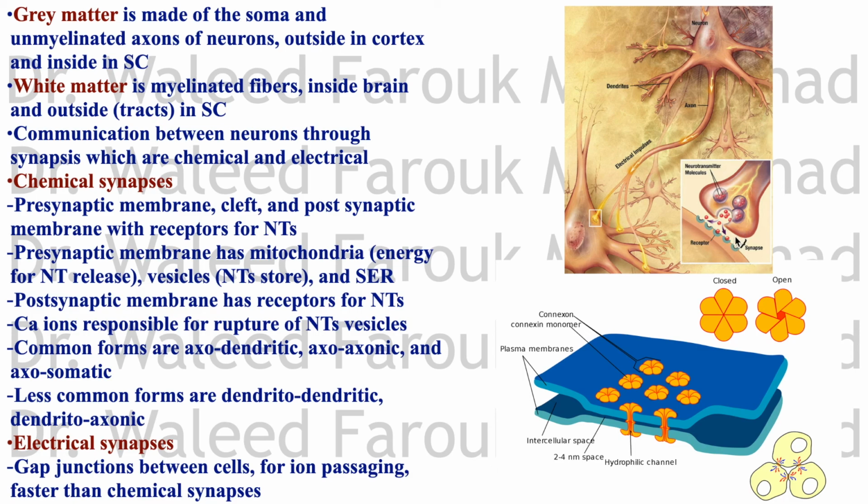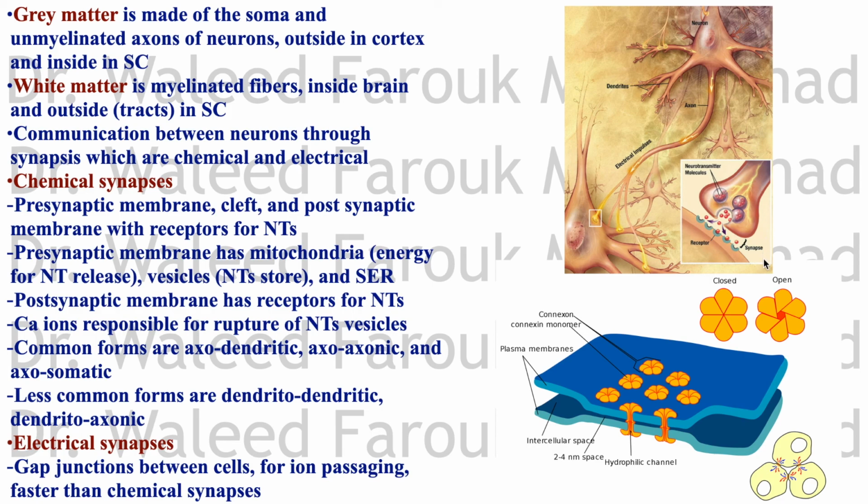The cleft in the synapse, and then the postsynaptic membrane that contains receptors for the neurotransmitter released by the presynaptic membrane. The presynaptic membrane has mitochondria, which provide energy for the neurotransmitter release, and vesicles of stored neurotransmitters, and the release of these neurotransmitters from their vesicles depends on calcium. Calcium is responsible for the rupture of neurotransmitter vesicles.